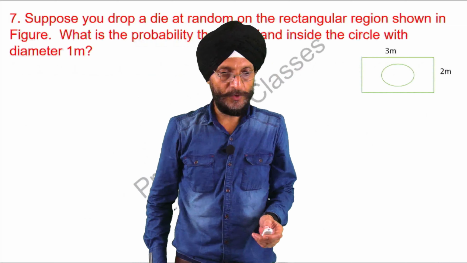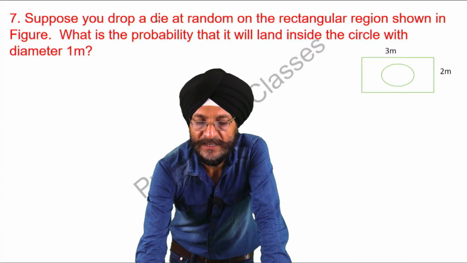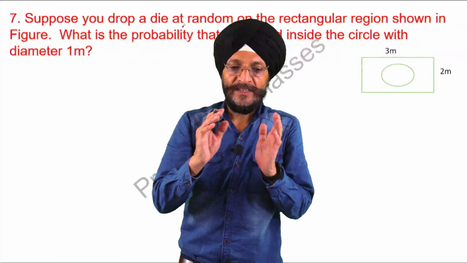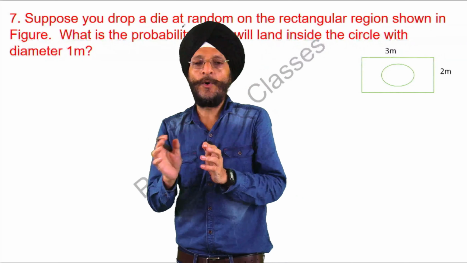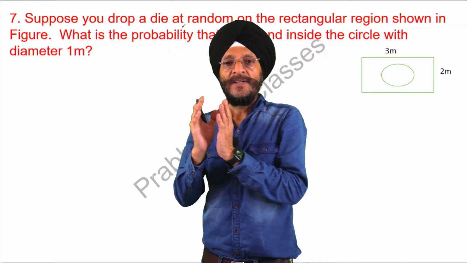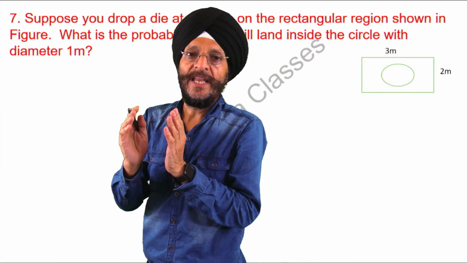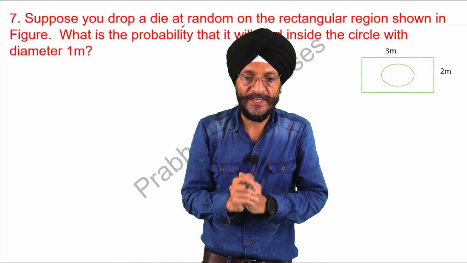Next question. Suppose you drop a die. As already told, die and dice refer to the same object; die is singular, whereas dice is the plural.